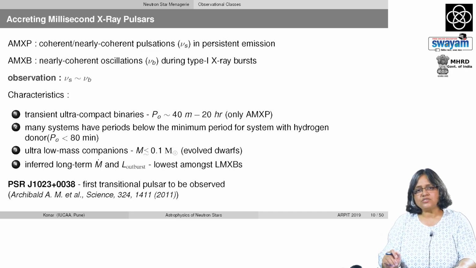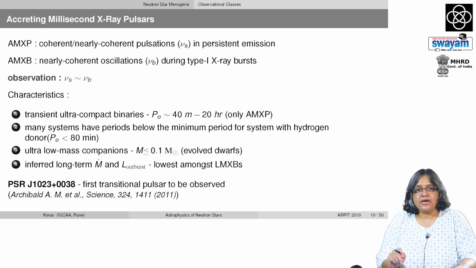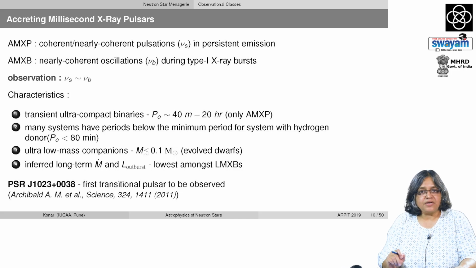Now, the characteristics of these objects: they are transient ultra compact binaries. Orbital period ranges from 40 minutes to about 20 hours. Now, this has been measured mainly for AMXPs.